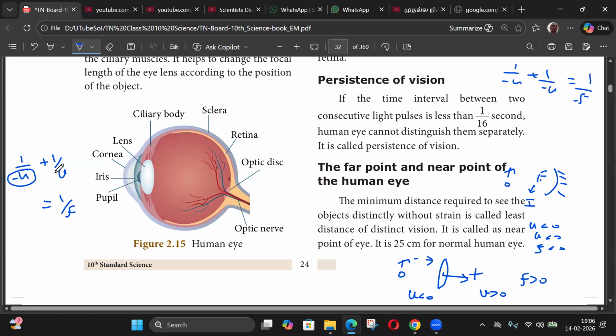Yes, sir. There are three variables in this equation, U, V, and F, correct? If I fix two of them, can I change the third one? No. Suppose A plus B equal to C. Suppose I fix B to 2 and C to 7.